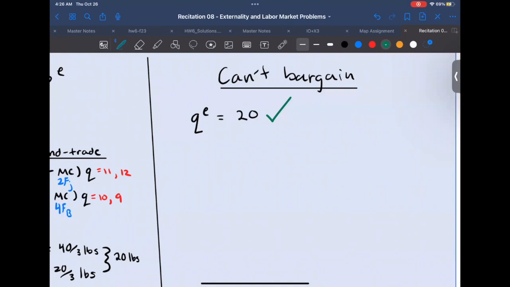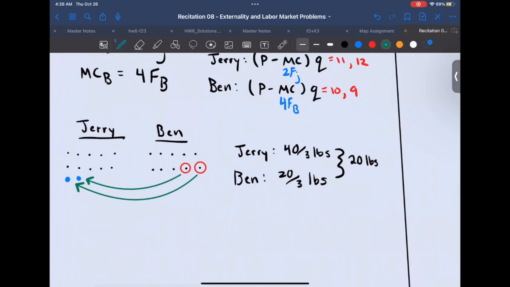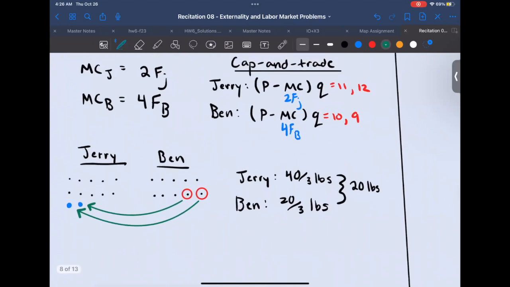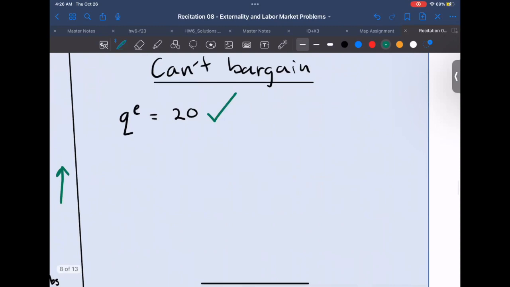However, in order for the fish to be caught in a socially efficient way, we want them to be caught in a way that the total surplus for society is increased. So in this case, Jerry's increase in total surplus is what's important. But under no bargaining, Jerry's surplus can't increase.